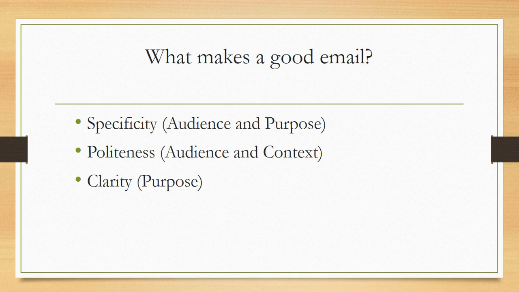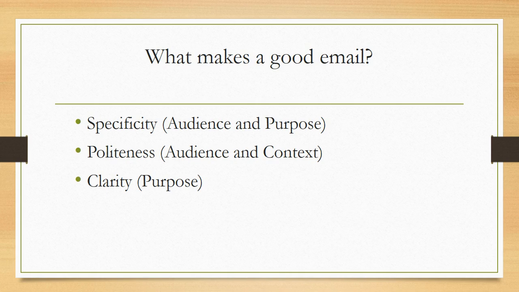So, for instance, if you are writing to your aunt to thank her for the sweater she knitted you for Christmas, you know a certain amount of politeness is going to be called for, but probably not as much as if you were writing to a coworker or to somebody who you're a bit more distant with. However, context also plays into this.